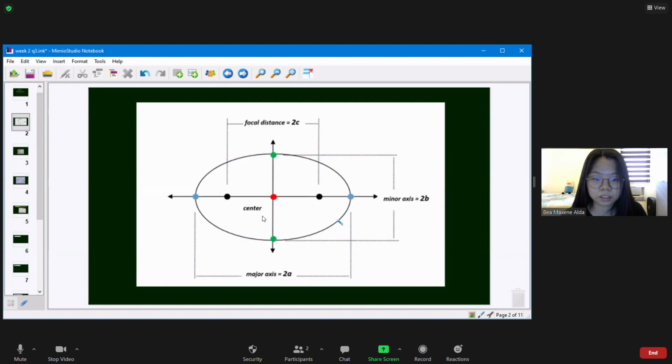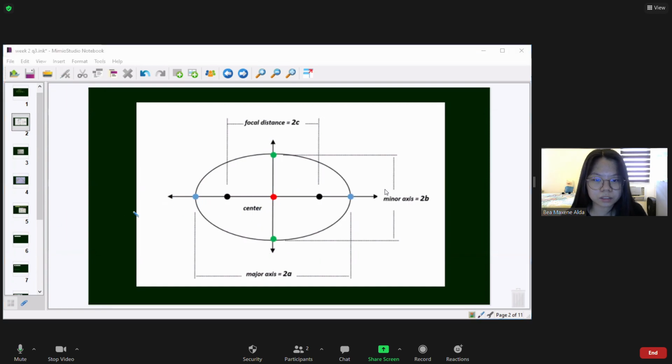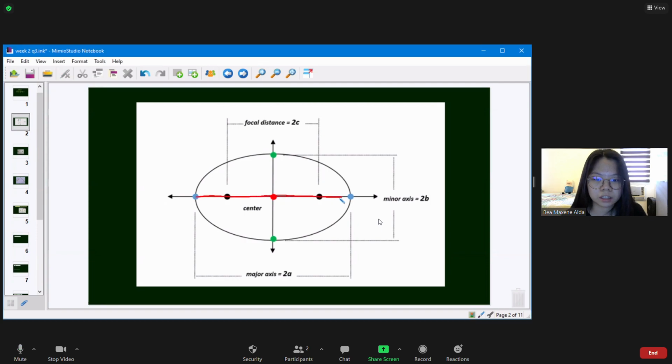There we go. This is a better visualizer for it. There's the center, there's the major axis, like we talked about, the minor axis over here, and then, of course, the focal distance between the 2 pins that we used.